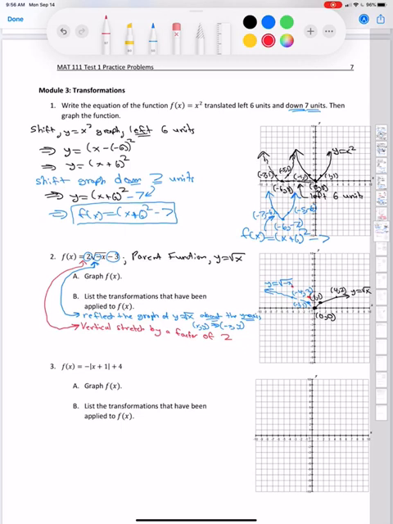So I'm going to plot a couple of these points. Negative 4, 4, negative 1, 2. 0, 0, of course, multiplying the y coordinate by 2 wouldn't change anything. But just showing you here in red, here's our graph. This would be the graph of y equal to 2 square root of negative x. So there's the stretch vertically.